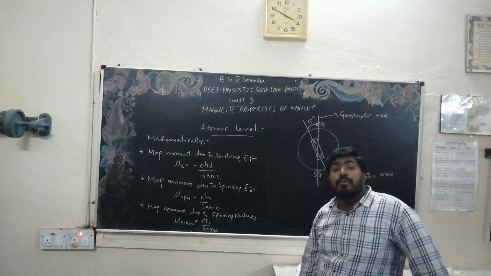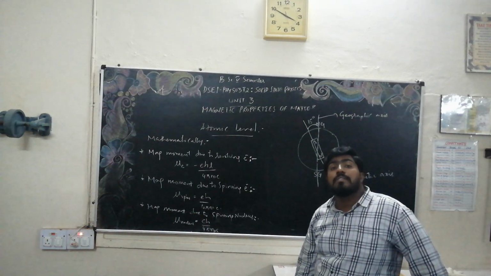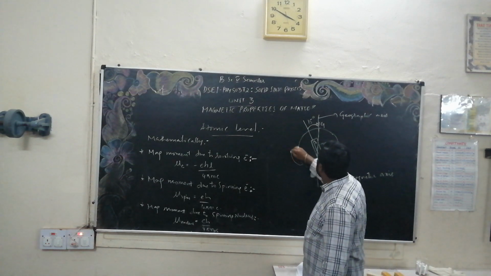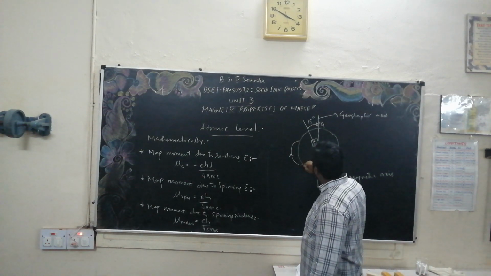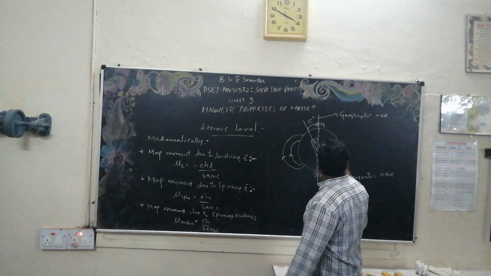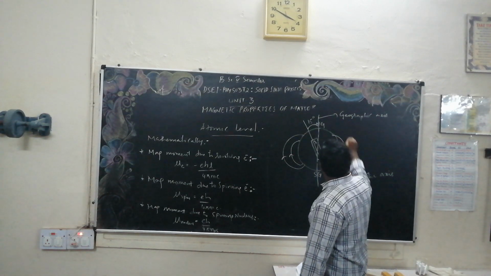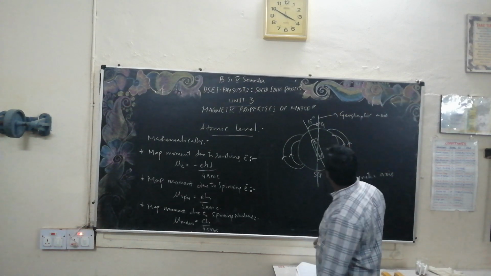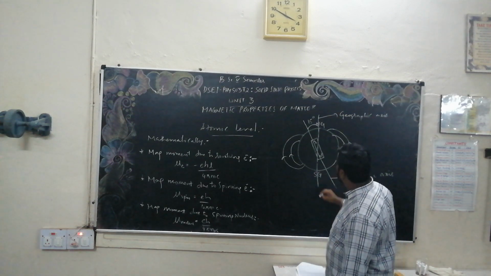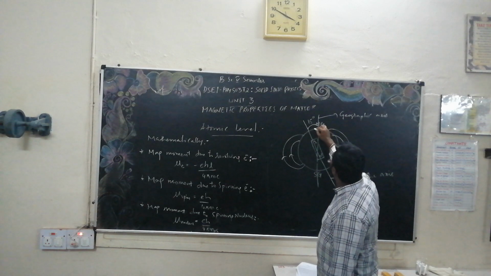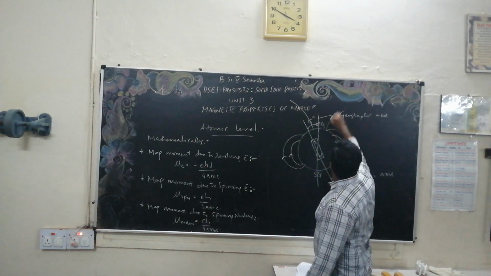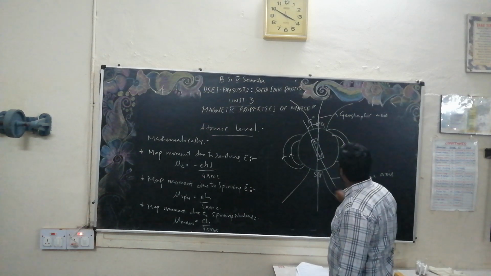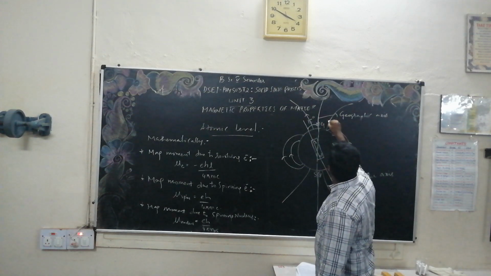So, as I told you, the Earth behaves as a magnet due to this. The field lines go in this direction, north to south, and here, south to north.